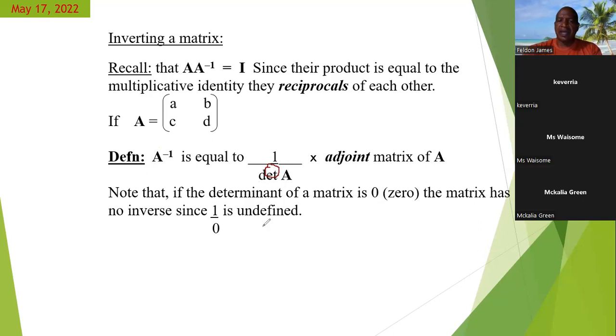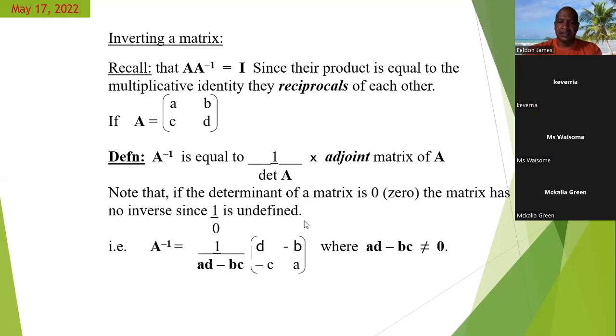So if the determinant is 0, the inverse of the matrix, you wouldn't be able to find. So we say the matrix has no inverse if the determinant is 0. And as I mentioned before, when this happens, we say that the matrix is singular. All right. So this is more generally what the formula looks like. So it's 1 over AD minus BC times the adjoint matrix.